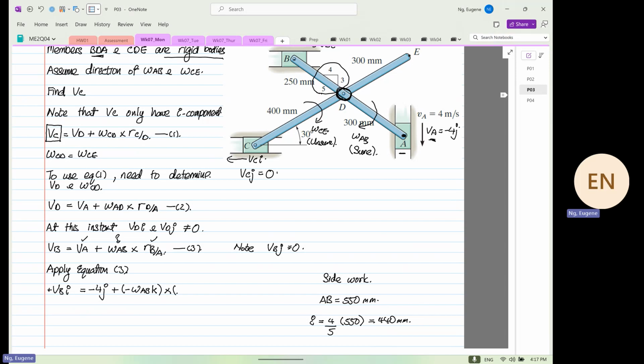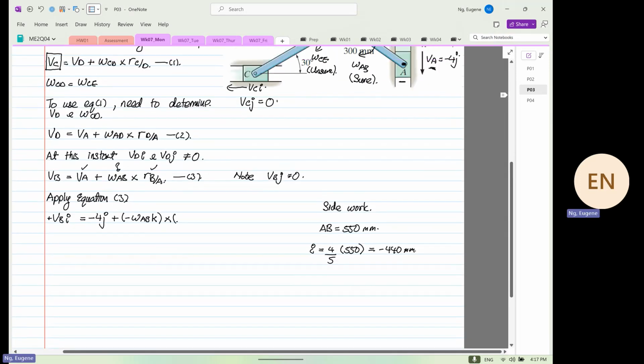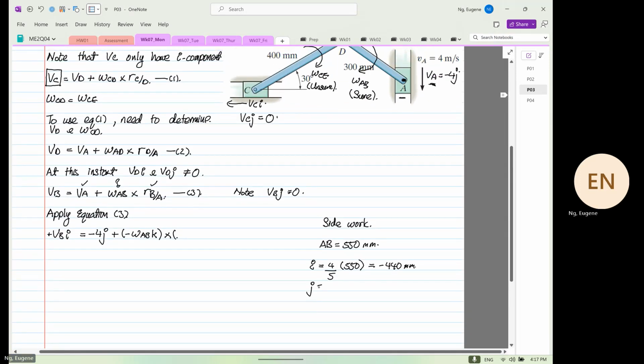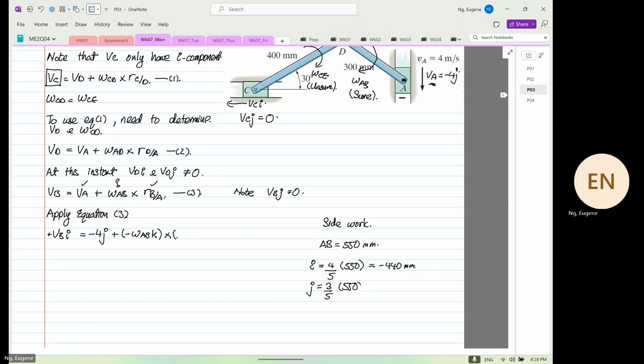And this is from point A. So this will be negative, minus 440 millimeters. And then J is 3 over 5 multiplied by 550, 3 over 5. So it's equal to positive 330 millimeters.